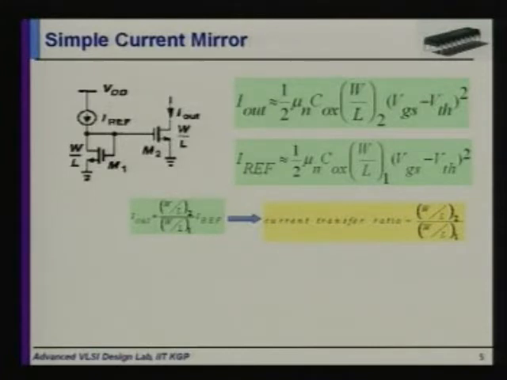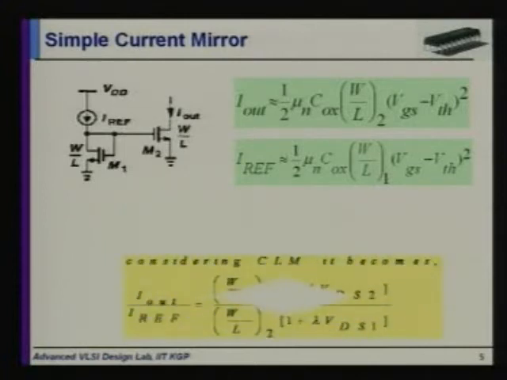But there is a main problem for the short channel case, which is the channel length modulation. In the channel length modulation case, there will be another term in both current equations in the saturation region, that is 1 plus lambda VDS, and for that case the transfer ratio will become W by L whole into (1 plus lambda VDS2) by (1 plus lambda VDS1).